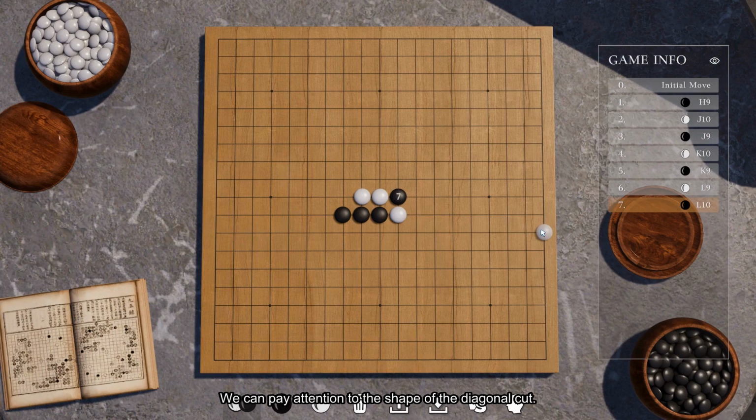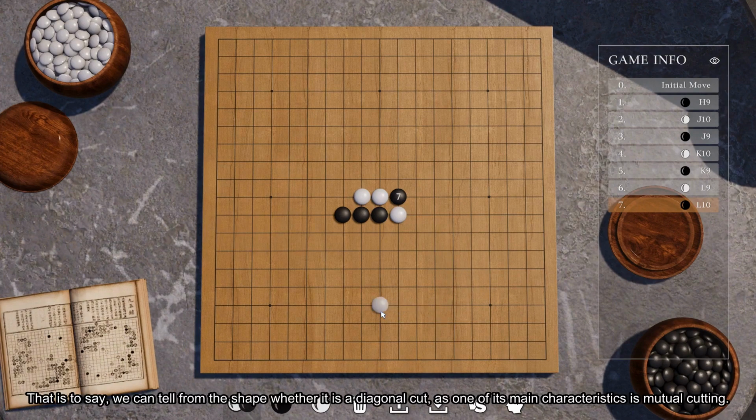We can pay attention to the shape of the diagonal cut. Its shape at the position of these four stones will definitely be a mutually cutting shape. That is to say, we can tell from the shape whether it is a diagonal cut, as one of its main characteristics is mutual cutting.